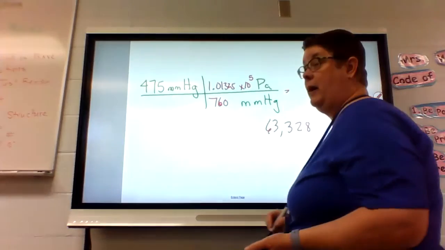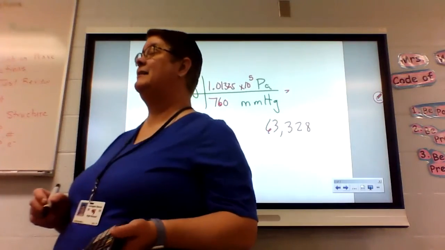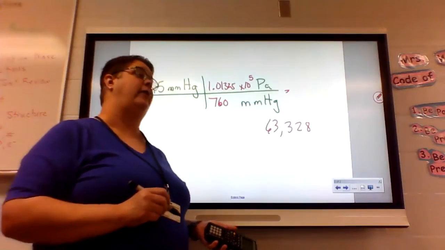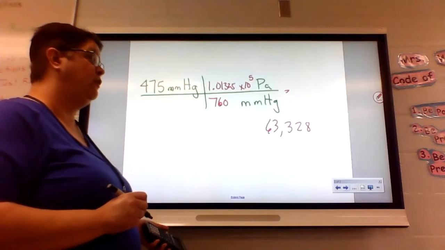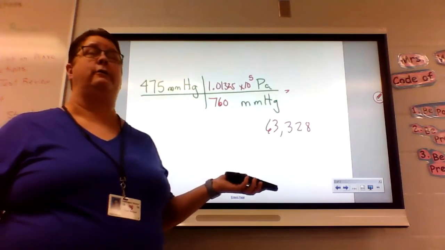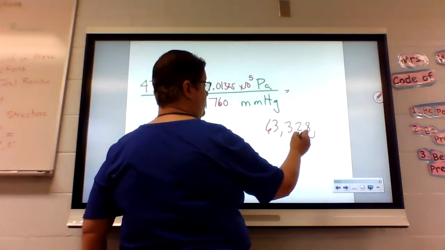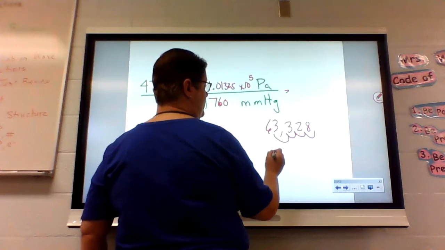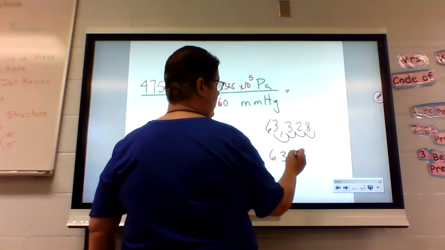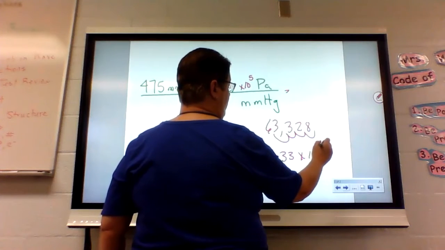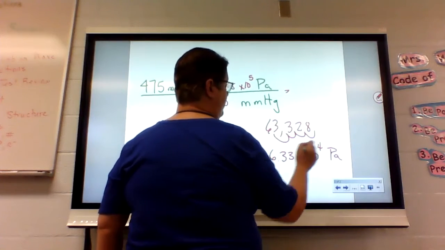Now, we've talked about the fact that that number being in the tens of thousands, we should do what with that? If you got that, there's nothing wrong with your answer. But again, 1, 2, 3, 4 places. So 6.33 times 10 to the 4th PA.